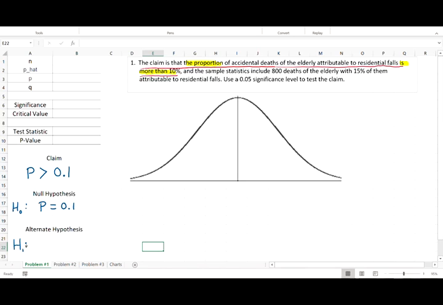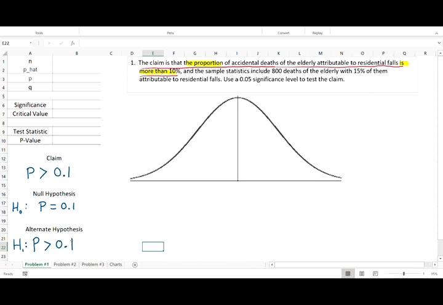The alternate hypothesis in this case would be the same as the claim. Because if the claim is strictly greater than or strictly less than, then the claim becomes the alternate hypothesis. So P is greater than 0.1.